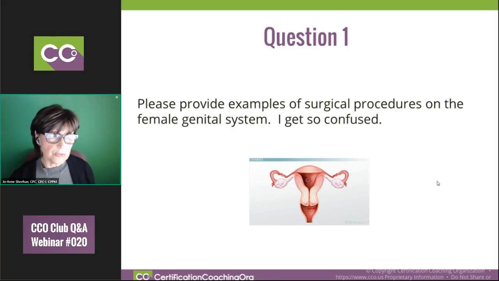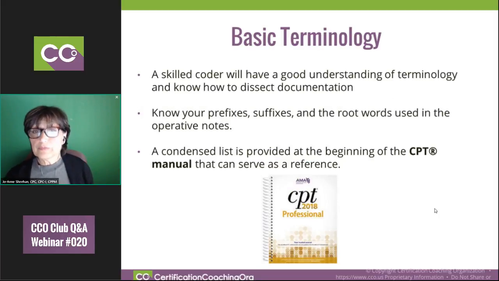First of all, depending on what specialty, it's best to know all your terminology, but if you're just working with a particular specialty, I would definitely get to know all the terminology for that specialty. A skilled coder will have a good understanding of the terminology and know how to dissect the documentation.